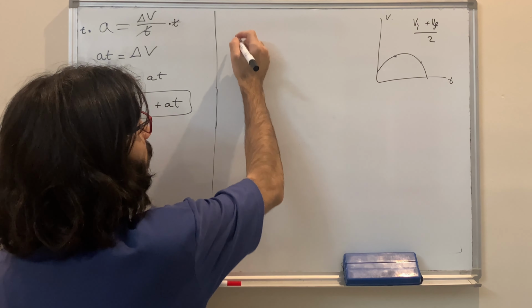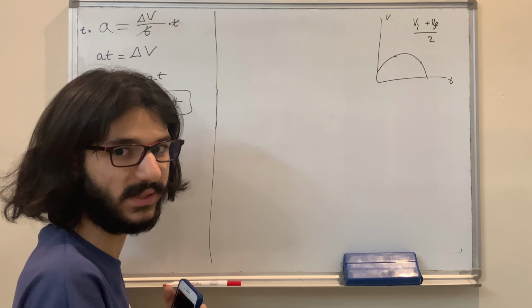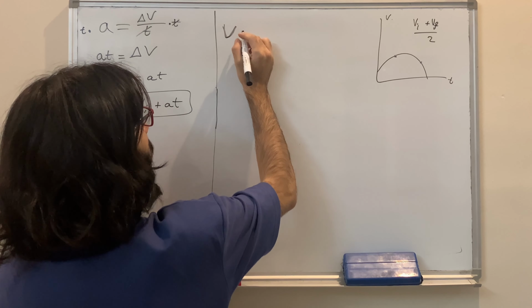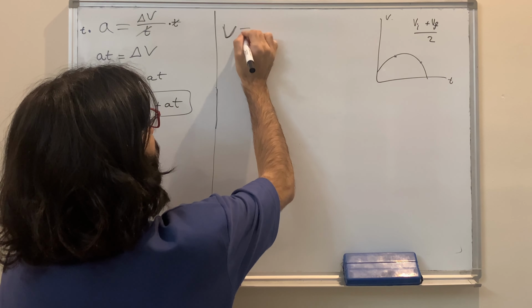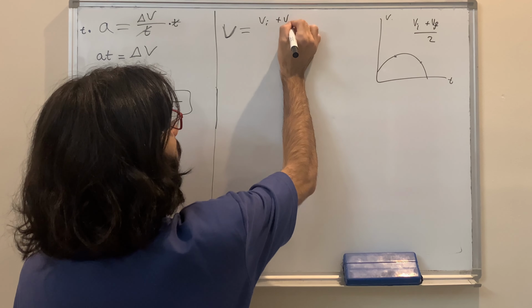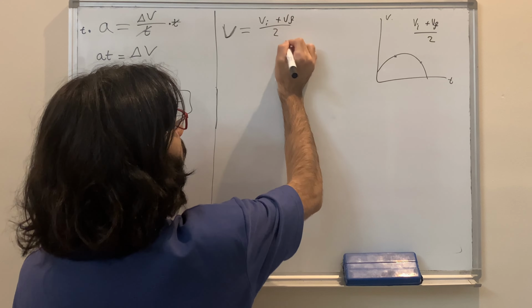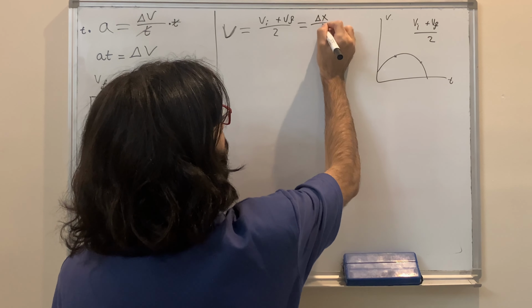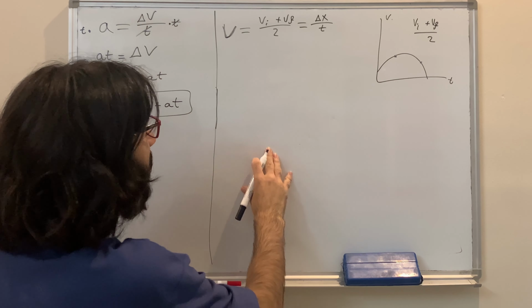So we write velocity can be defined in 2 different ways, okay? By the average of the velocity, which is v initial plus v final over 2, and by delta x over t, okay?